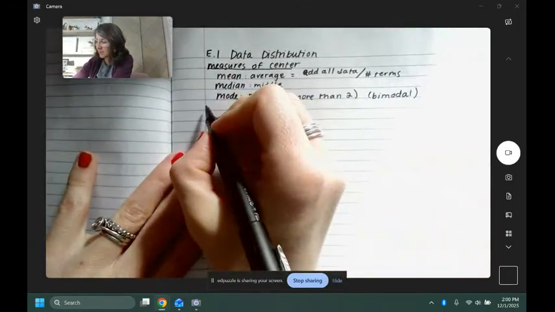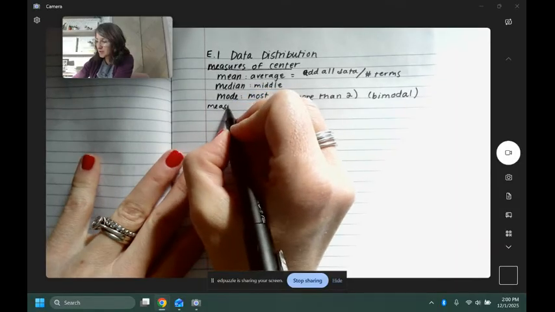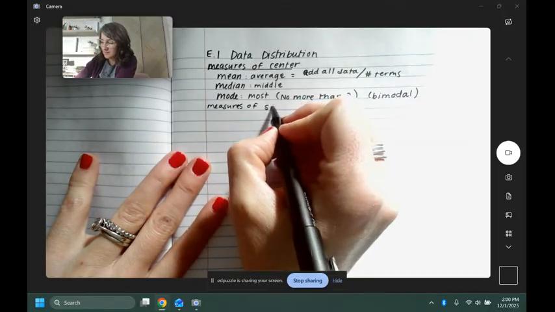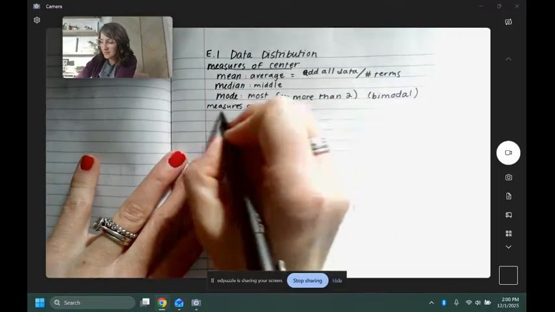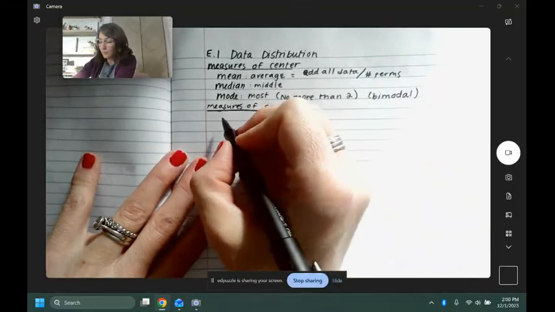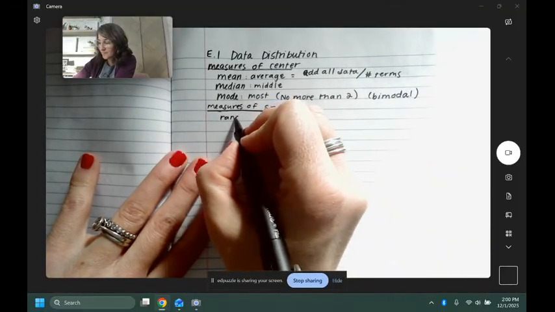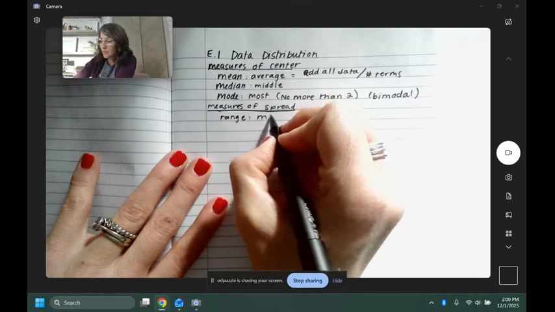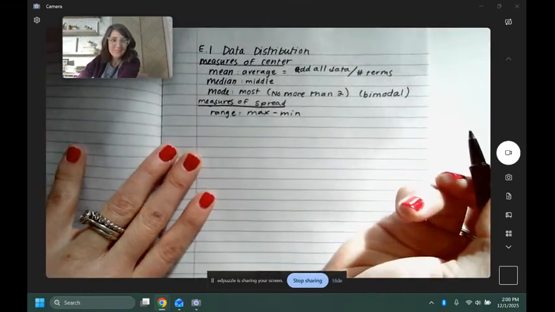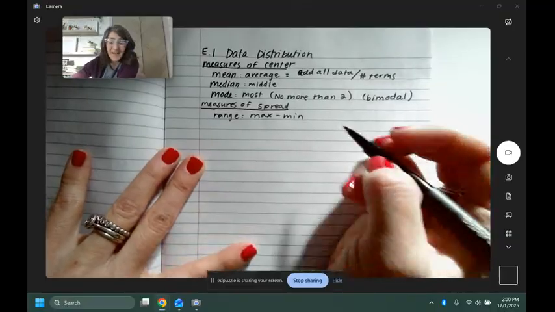Then I've got a couple others, the measures of spread. So this is how spread out your data is. This is going to be like range. Range is your maximum minus your minimum. Tells you what's the difference between the lowest and the highest.